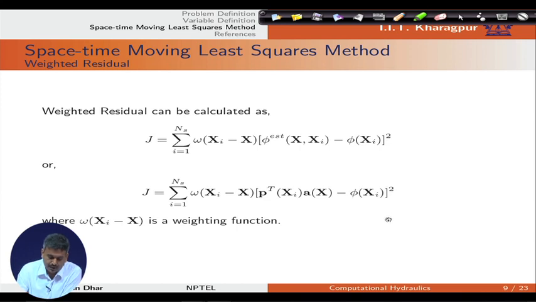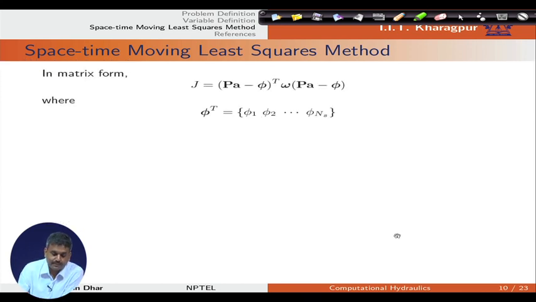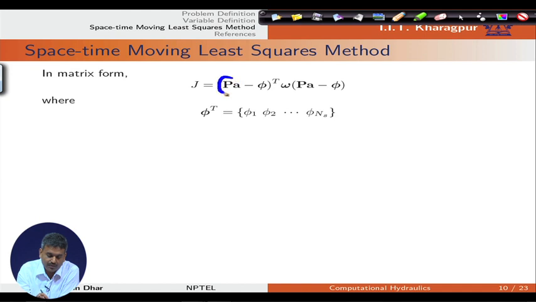Now, let us say this J in matrix form can be written with the help of P. Now, we need to construct this P with the help of the polynomial basis. A we already know is our derivative related function, and phi transpose is again our phi 1, phi 2 to phi NS, the number of points.